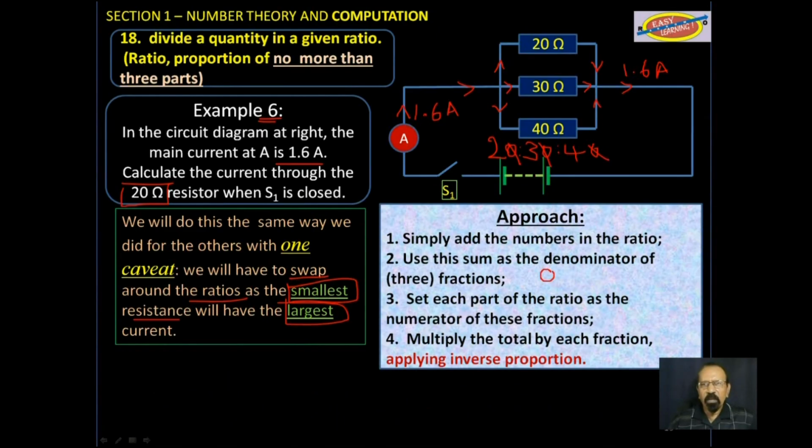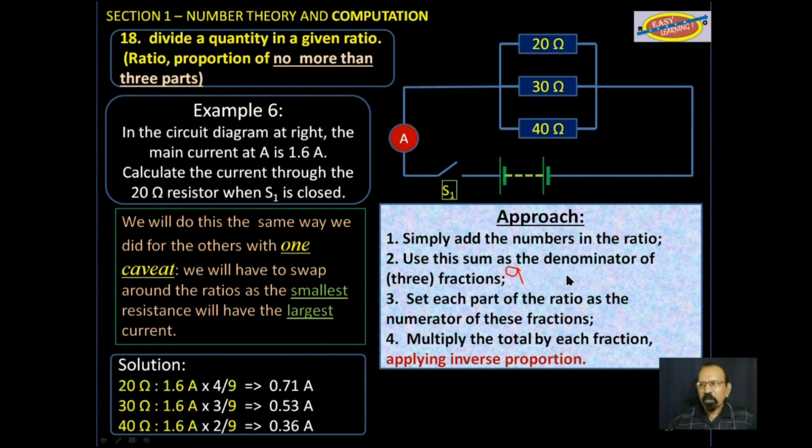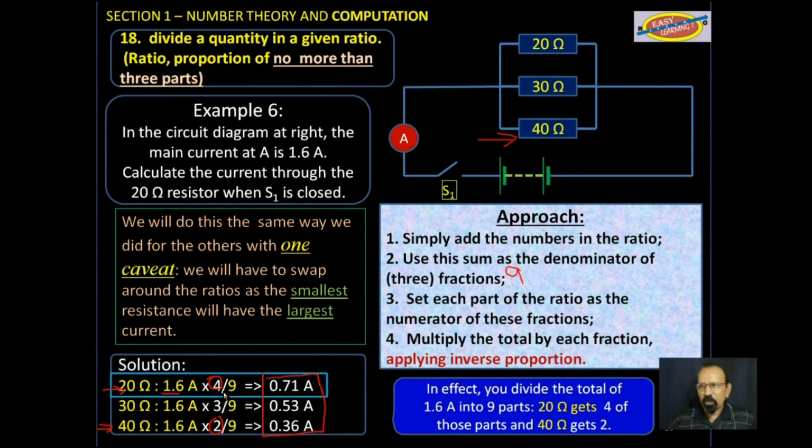So 9 will be the denominator. The 20 ohm resistor gets a larger current. So that will be 4/9 of 1.6. And of course, the largest resistor gets the smallest current. So the 40 ohm resistor will get 2/9. And so these are the currents through the various branches. But remember, all you needed to do was this one.